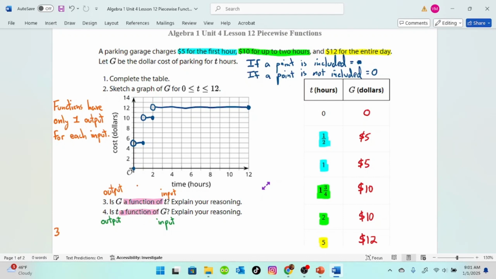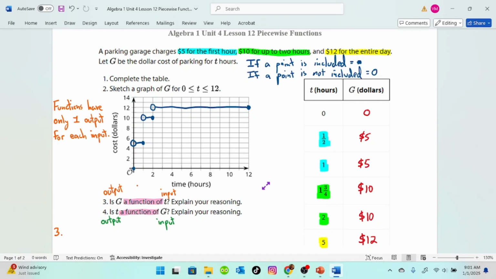So for number 3, is G a function of T? Means let's look at all the times. Is there ever an instance of a time having more than one cost? And the answer is no. Because notice that where I have a solid point, if I go up, I will never hit another solid point, and I will never hit a line.